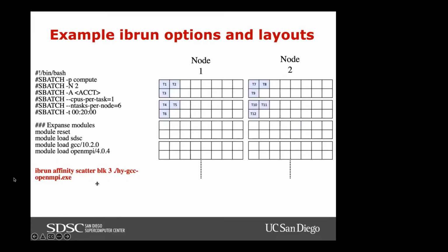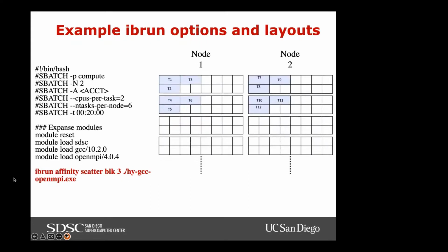Now what we are saying is, hey, scatter, and this is with 2 nodes, but we want a block of 3. So what it will do is put 3 on the first NUMA domain, 3 on the next NUMA domain, and it's also going to use multiple nodes, so it's going to do the other 3 there, right? That's how that works.